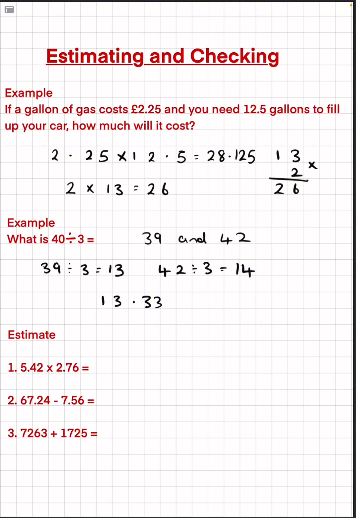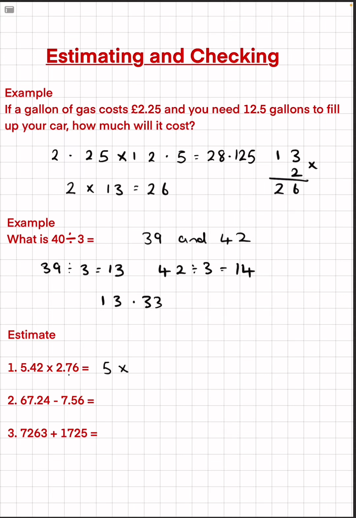Next, it says estimate 5.42 multiplied by 2.76. To estimate the answer to this calculation, we're going to round both of these numbers to whole numbers. To round this number to a whole number, we look at the digit after the decimal point, which is less than 5, so we're going to round down to 5.